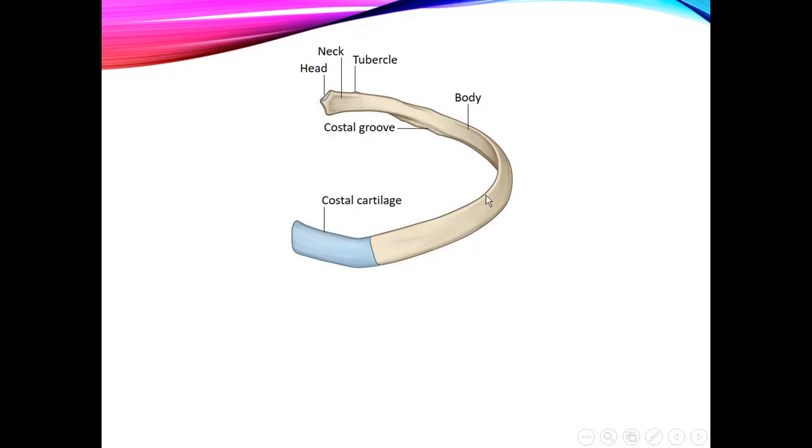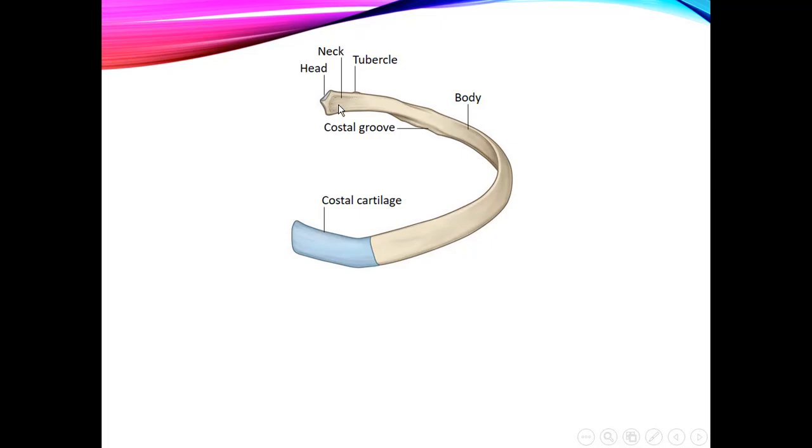A typical rib contains a posterior end and an anterior end, which, as you see, its anterior end articulates with the costal cartilage. On the posterior end, we've got the costal head. Here's the costal head, costal neck, and the costal tubercle.